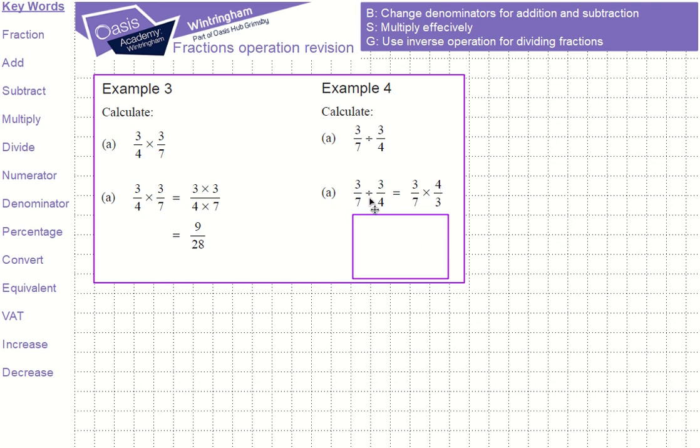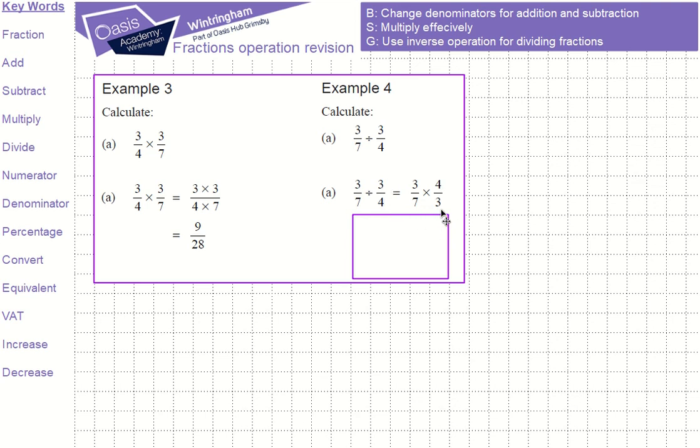So it's really important that the divide sign is changing to the inverse operation. It's becoming the opposite. So the opposite of divide is multiply, and 3/4 is also becoming the inverse, or the opposite. And the opposite to 3/4 is 4/3.